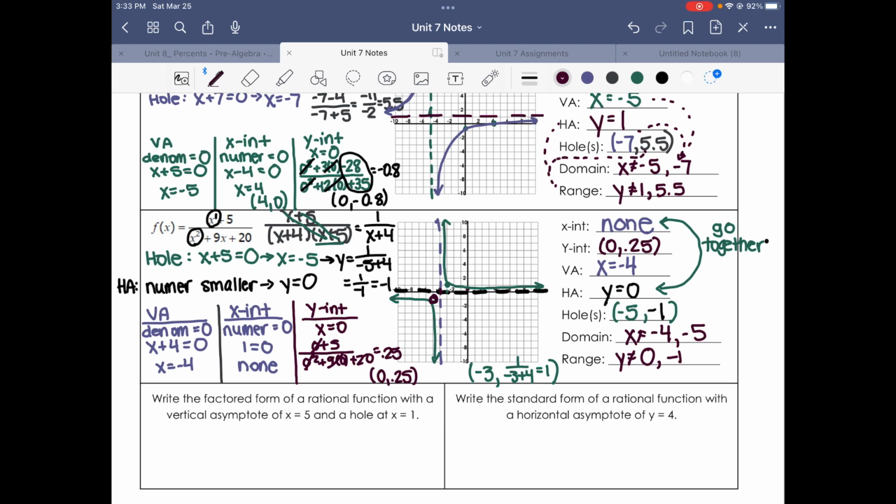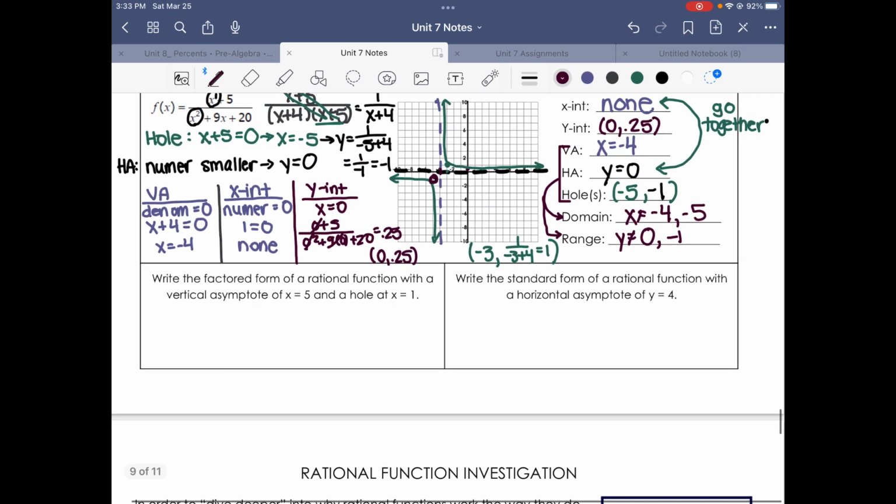Holes and asymptotes are what cause domain and range to have to take a break. So that is going to be where you get the numbers that you are putting here and here, always. Not the x-intercepts and the y-intercepts, because those are just points, but everything that causes you to have to break up the graph, whether it's a dashed line or a hole in the middle of the graph.